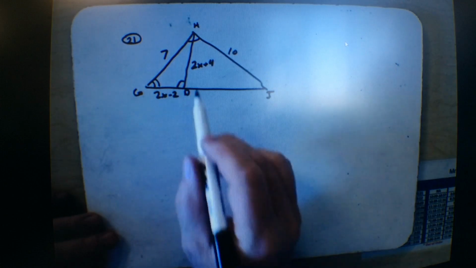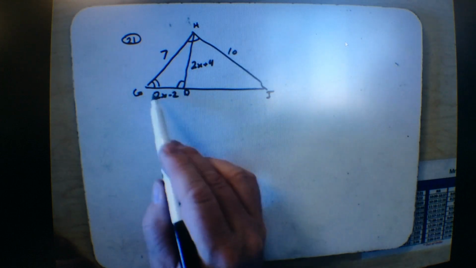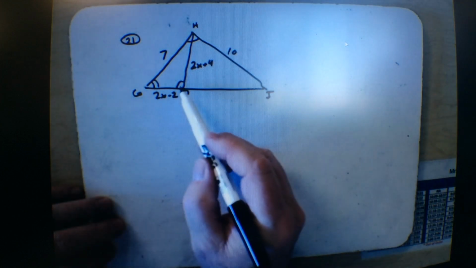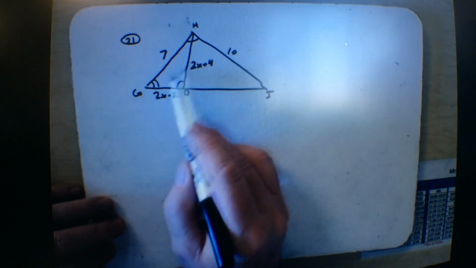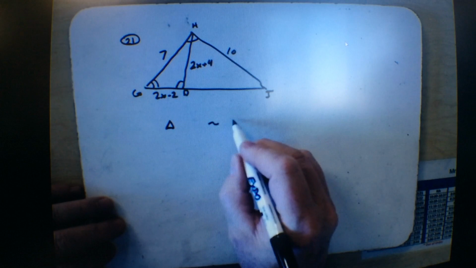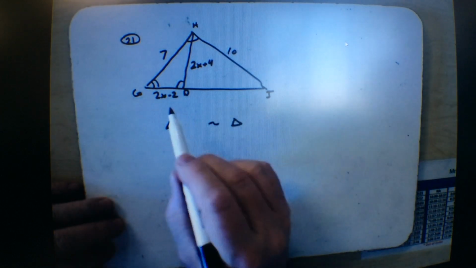That's the direction. We're going to have to find x, and then find the sides, because this is a measure we're looking for, and this is a measure we're looking for. The problem is which triangles are similar. Well, you can see that this angle matches that angle. We're talking about this triangle here and the whole triangle. So when we get our 2 triangles and they're similar, let's write it down so we have an idea what's going on.